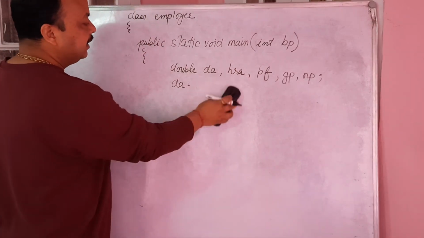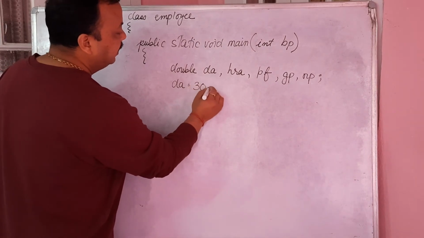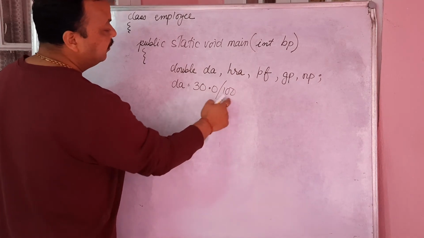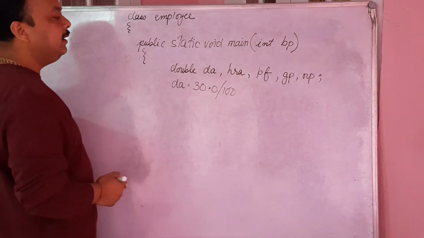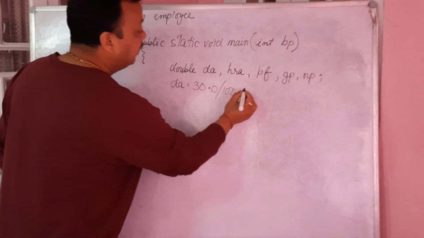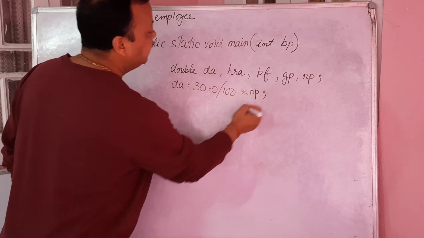So this is the reason that why I have written here 30.0 divided by 100. That means when you perform the division here, any of these operands can be a double or a float value. Okay, then you multiply this by BP. BP means basic pay.